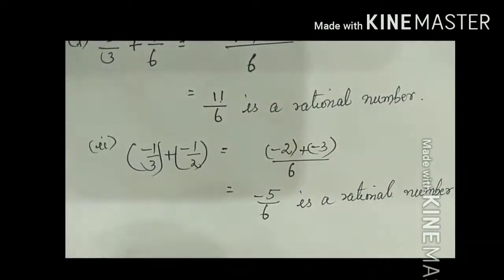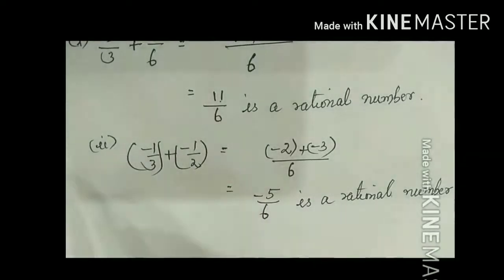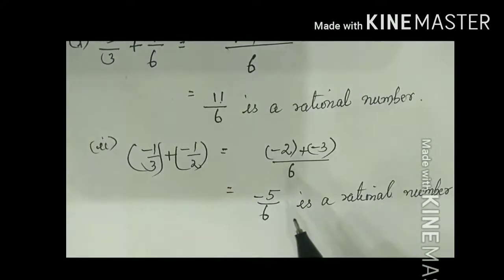So what can we conclude? This is a conclusion: when you take any two rational numbers and add them, the result will also be a rational number.